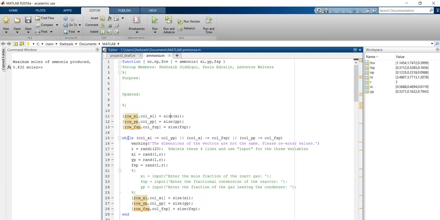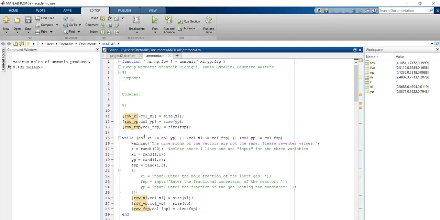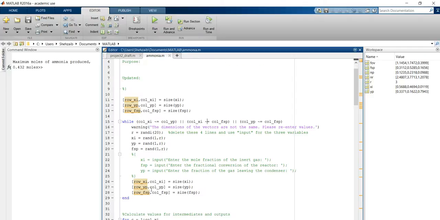So the first thing we do in our code is check and see if the user has entered the same number of columns or the same number of elements for each vector, xi naught, yp, and fsp. If not, then this error message will prompt the user that they have not entered the correct number, and then it will prompt the user to enter those values again.